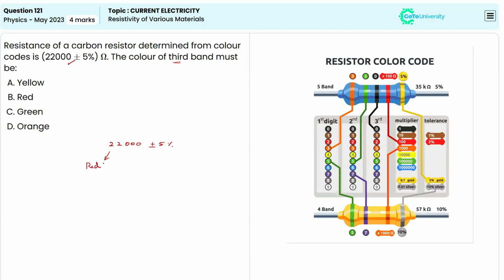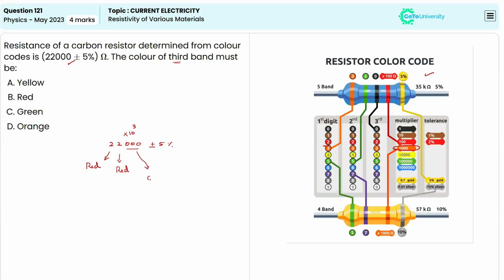So the first one will represent the red color. From the chart, we can say 2 is for the red color, right? Now the second one also is 2, so that's also red. And the third one is a multiple, three multiples of 10, right? So 10 power 3 is a multiplier, and 10 power 3 is the orange color.